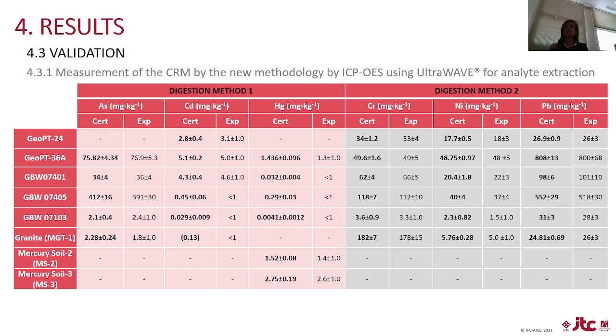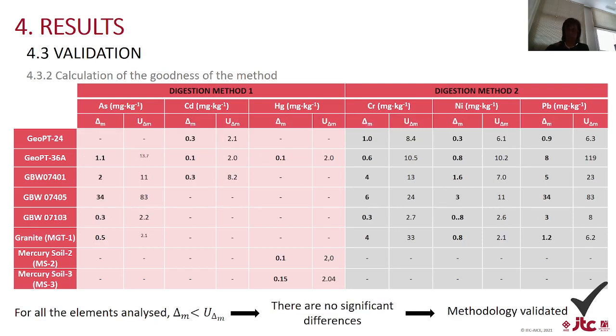We use, as you can see in the table, 2 methods: arsenic, cadmium, and mercury digested by method 1, and chromium, nickel, and lead digested by method 2. There is good agreement between the certified values and the results by the new method for the analyzed reference materials, since the difference between the values is smaller than the related uncertainty in all the elements analyzed, thus validating the methodology.